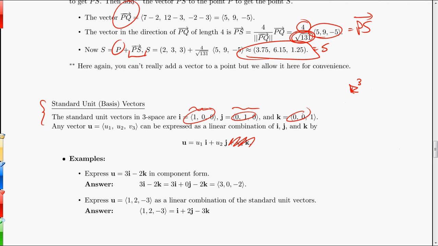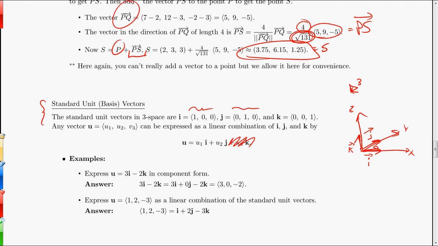With respect to what they look like, if this is my coordinate system here, my right-handed system x, y, and z, then the unit vector in the x direction is i, the unit vector in the y direction is j, and the unit vector in the z direction is k. Alright?